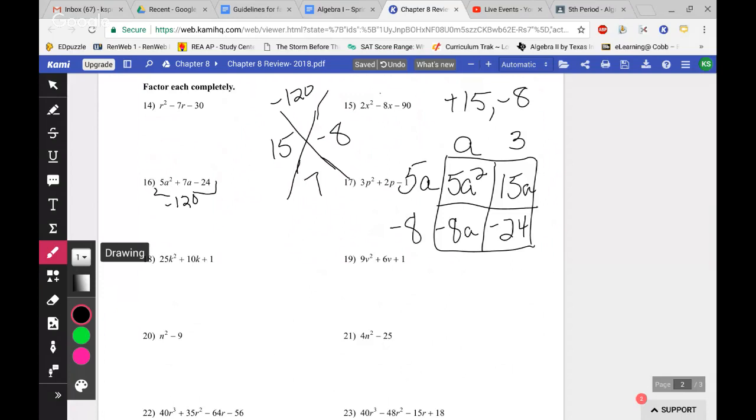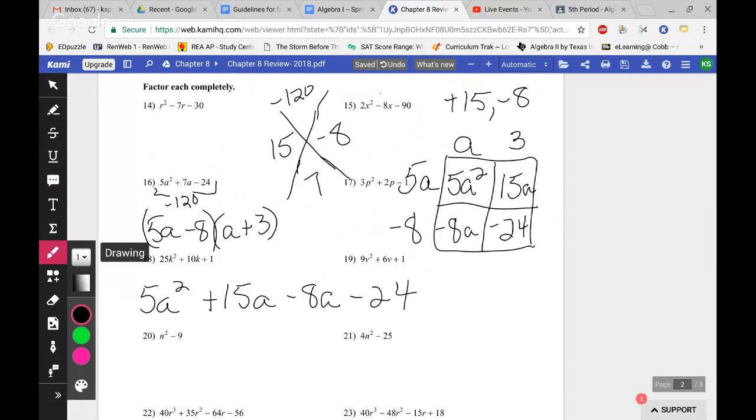So then my factors are going to be 5a minus 8 and a plus 3. And what that would look like grouping is 5a squared plus 15a minus 8a minus 24. Just rewriting the whole thing with those factors from my x. And then I would group those. And it would look like this.